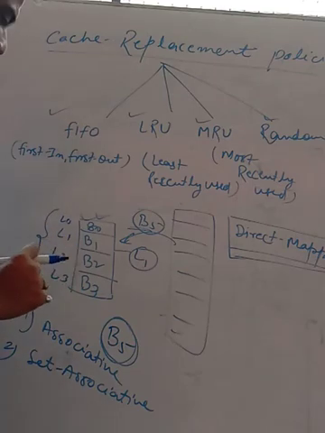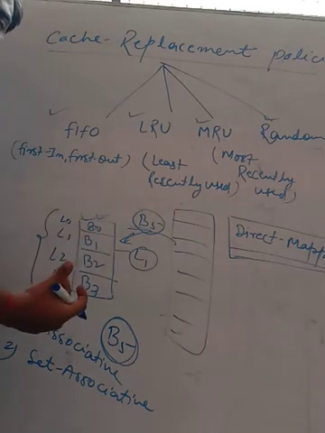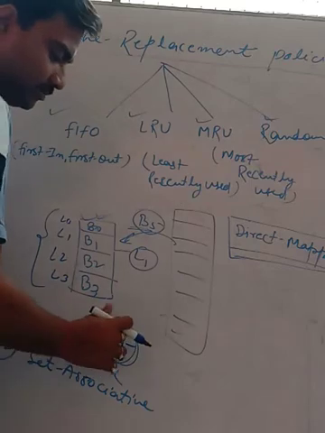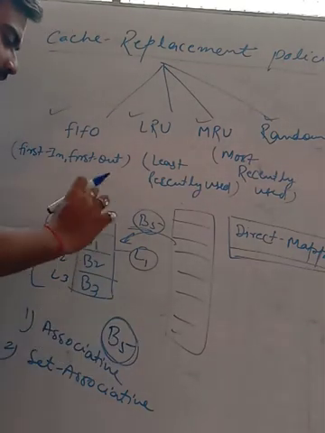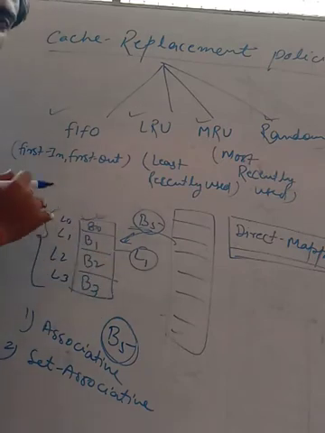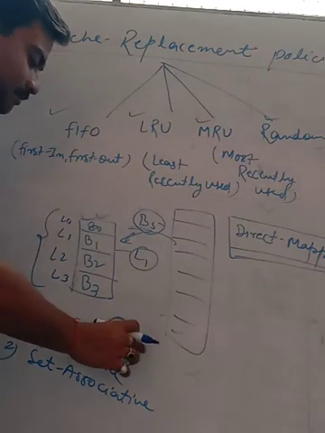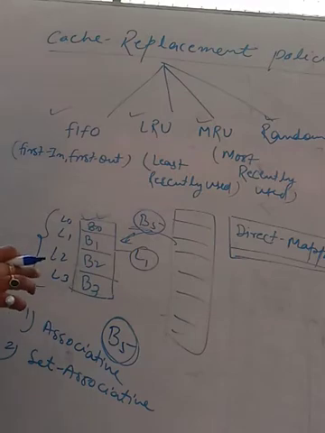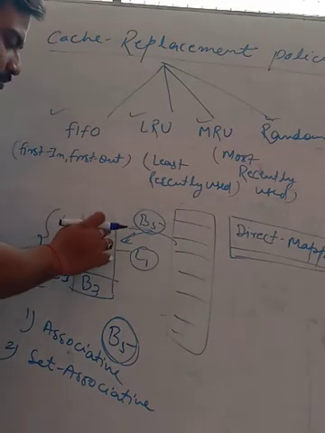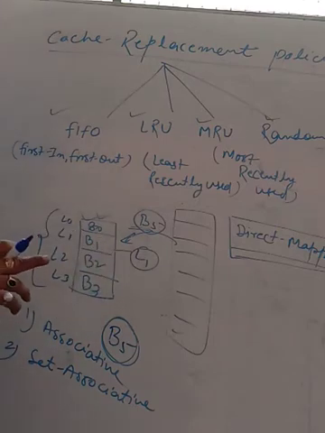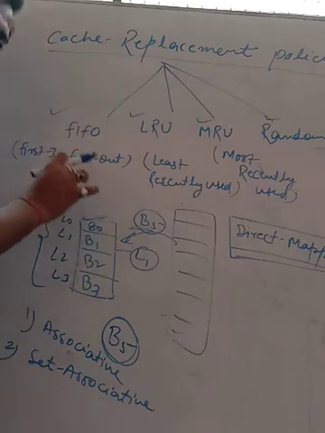But when the CPU requires a new reference, a new data such as B5, the cache memory is already full. Then where should B5 be stored? In that case, we can remove B0, B1, B2 or B3. But which block should be removed?